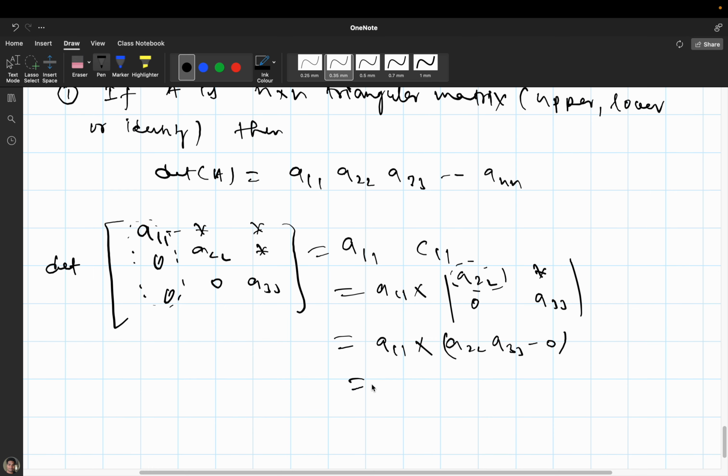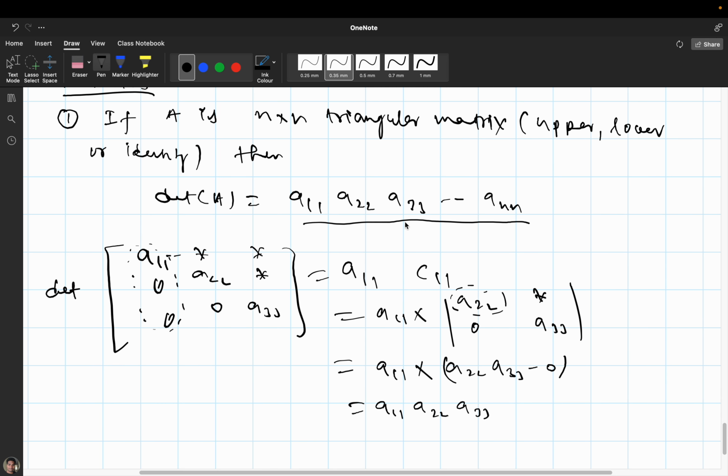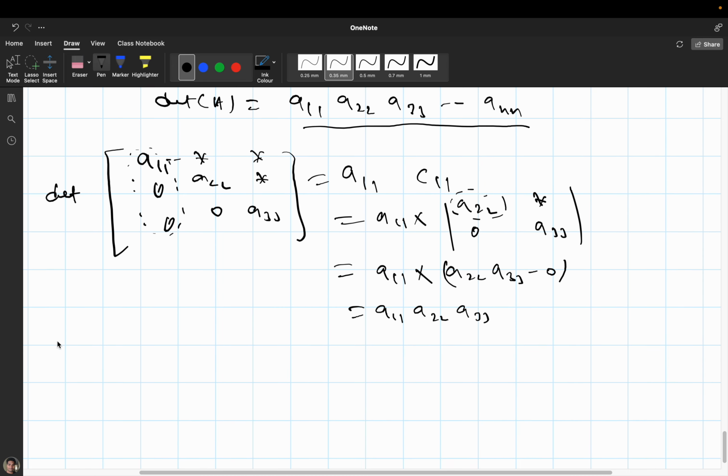So that will be exactly equal to A11 A22 A33. So that's why the determinant of A becomes exactly the multiplication of all diagonal elements.